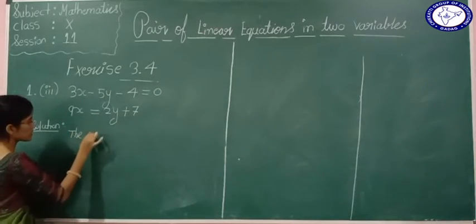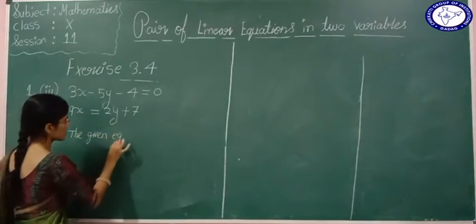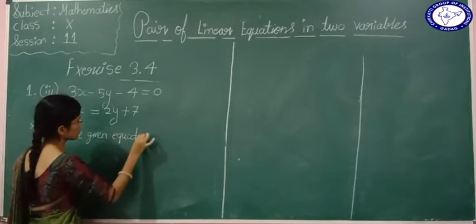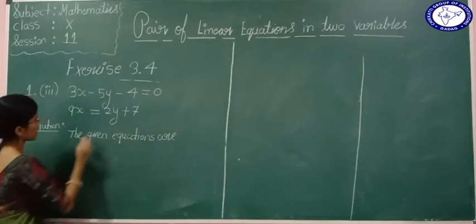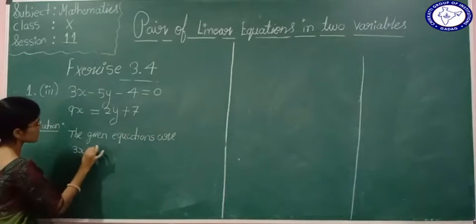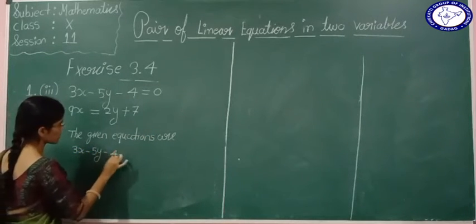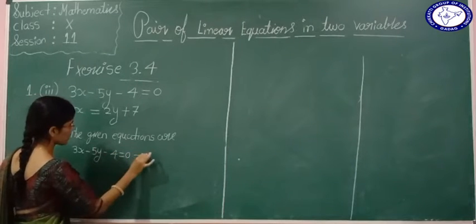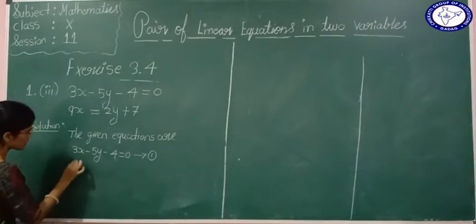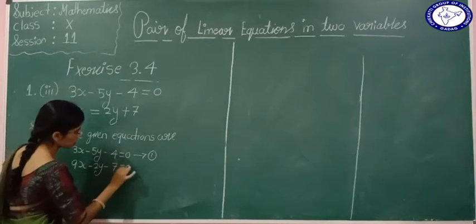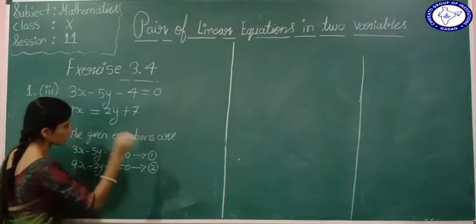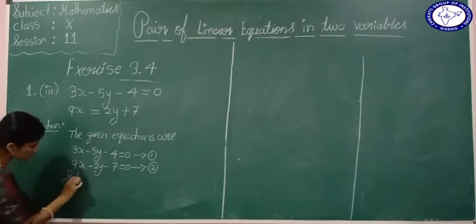See here, the given equations are 3x minus 5y minus 4 is equal to 0, equation 1, and 9x minus 2y minus 7 is equal to 0, equation number 2. So now which method we are doing?